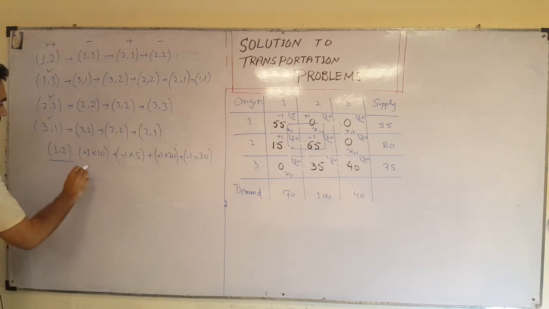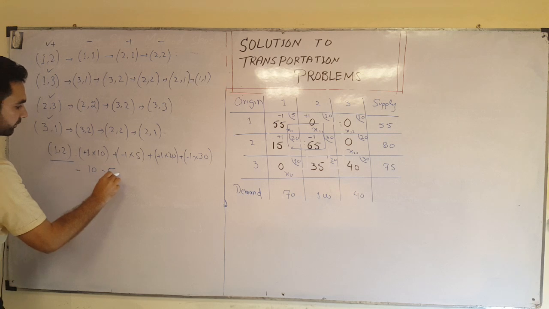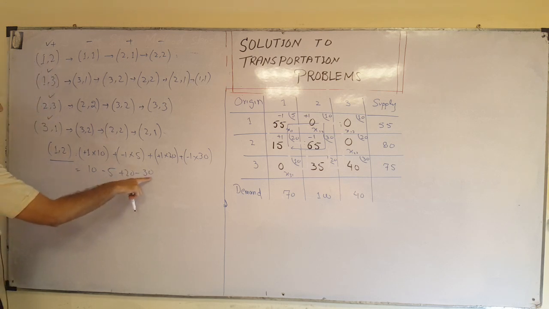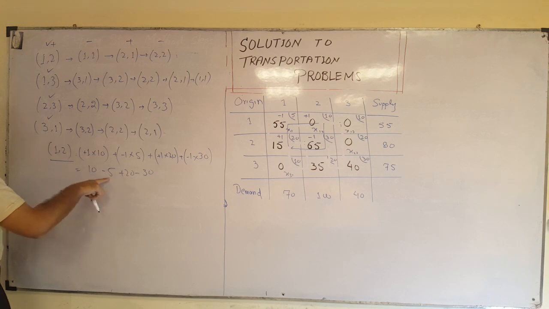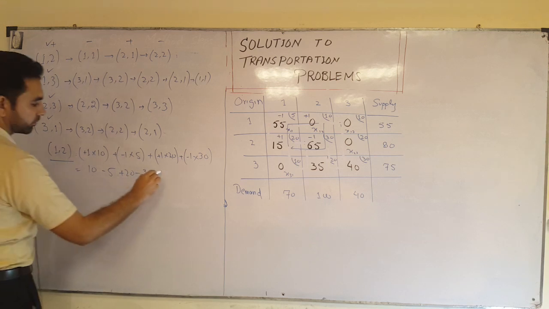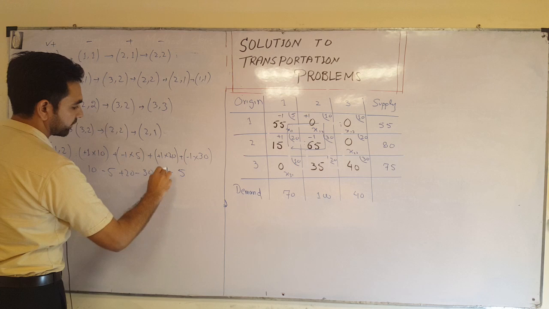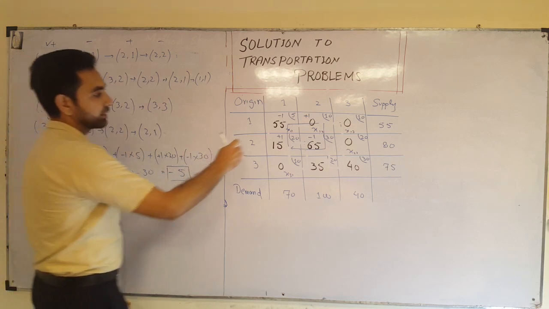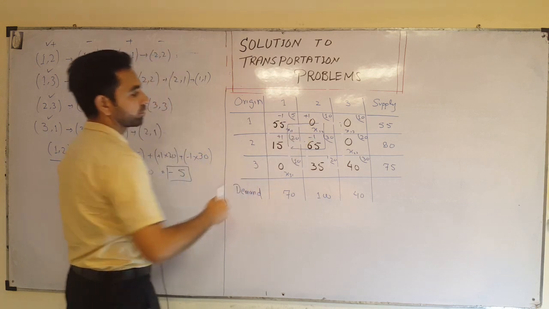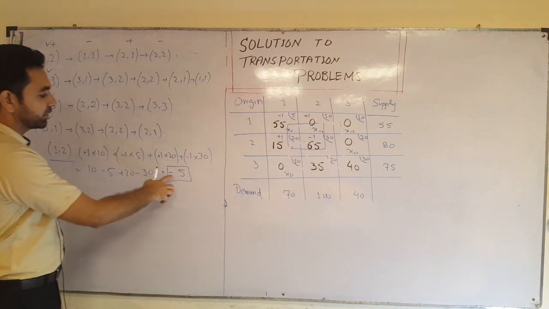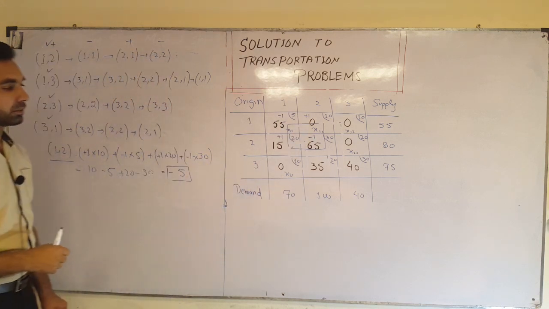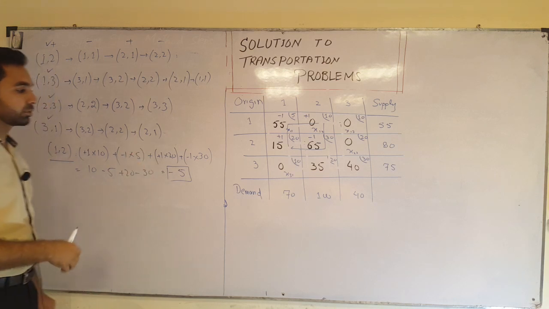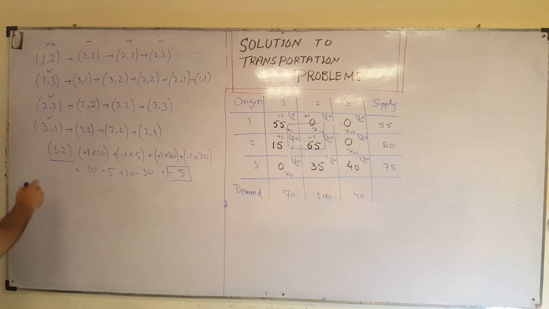You can calculate them. 10 minus 5 plus 20 minus 30. So that is minus 35 plus 30 gives you minus 5. Which means that there is improvement possible. The negative means that the transportation cost can be further minimized. So there is improvement.